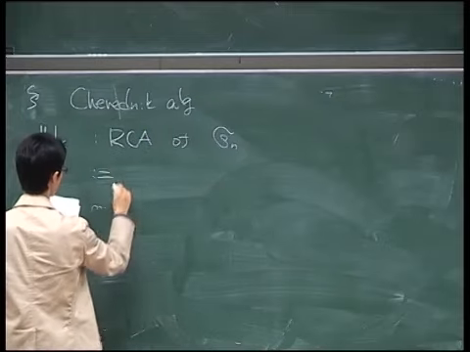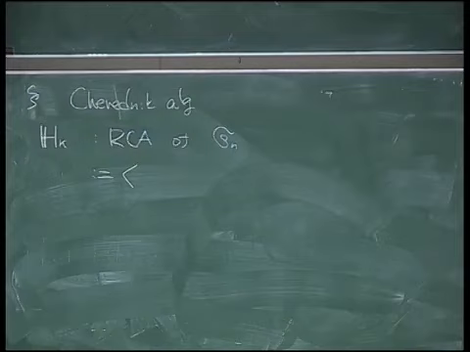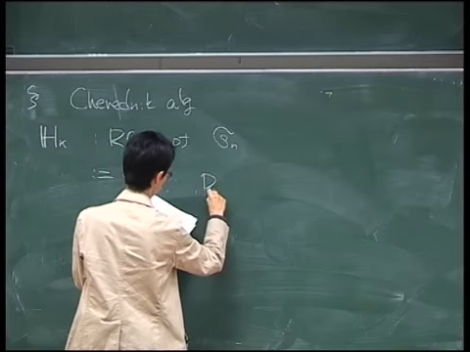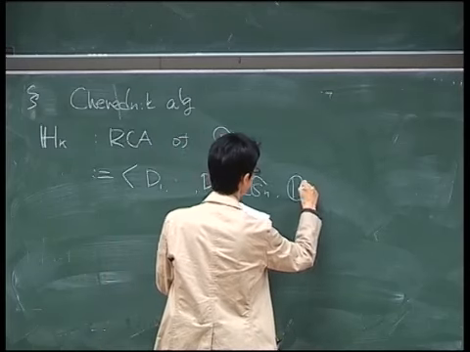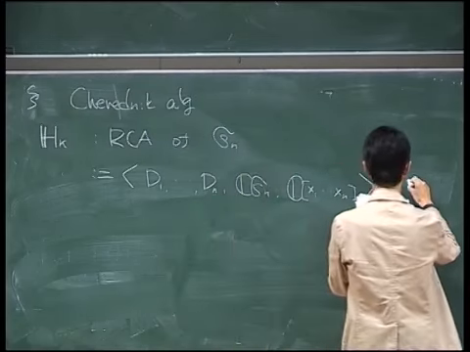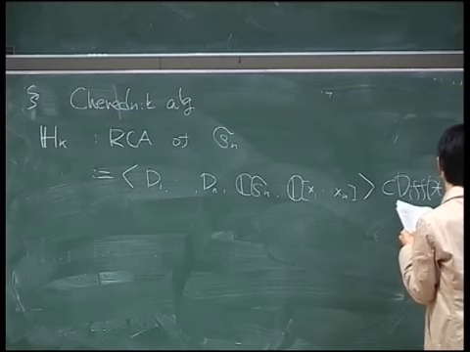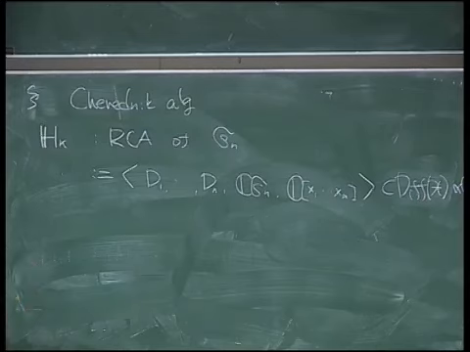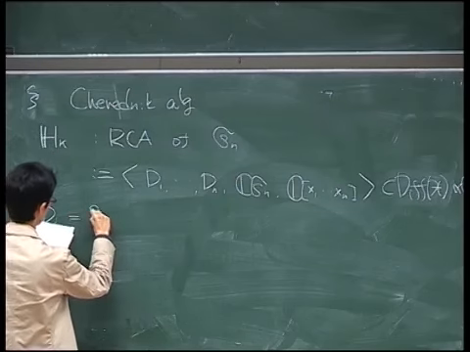This I define as a subalgebra of this algebra generated by the following elements. So here, D_i is the Dunkl operator.